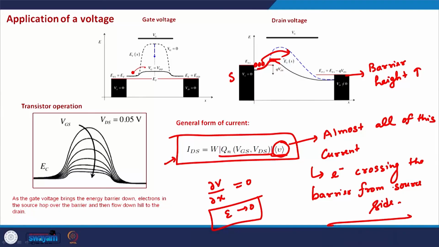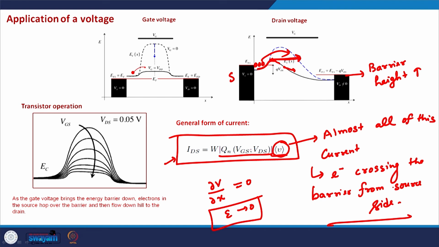So the velocity at the barrier height is without any electric field, and at any other point, for example at this point, there is an electric field in the channel, as there is a positive voltage on the drain side which will attract electrons. So the velocity will be more at this point as compared to the top of the barrier.